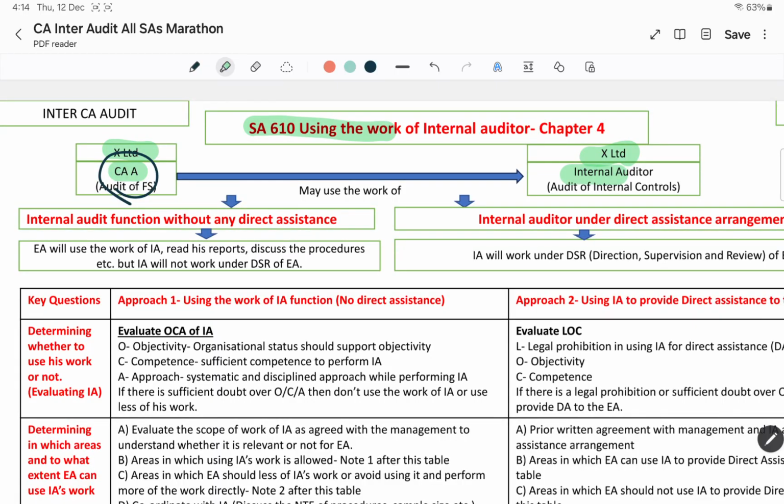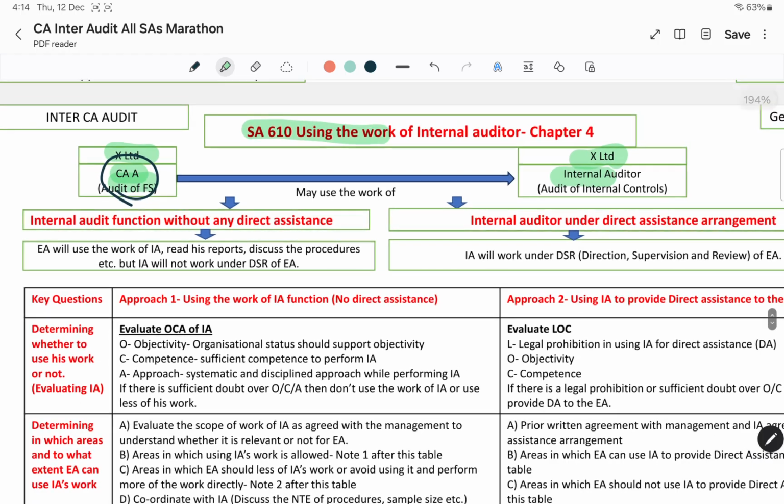Here, the external auditor is CAA, and the internal auditor.